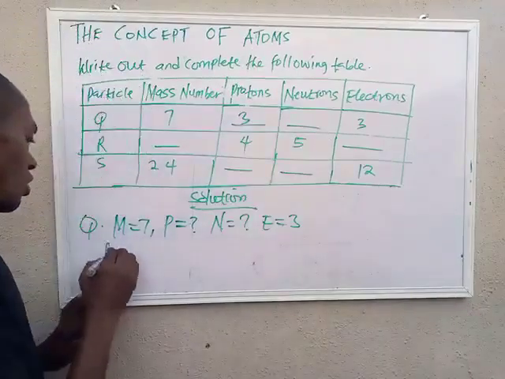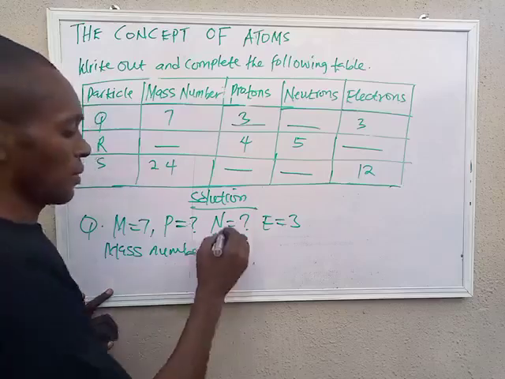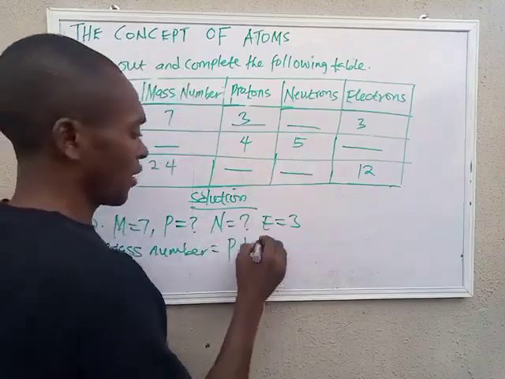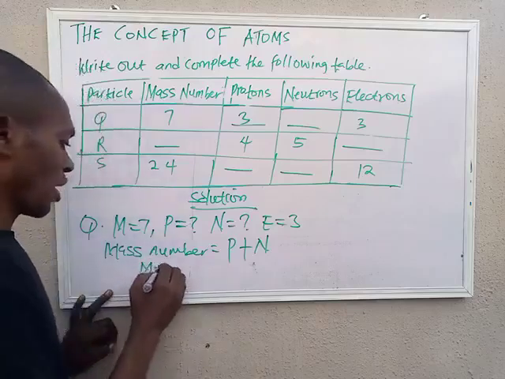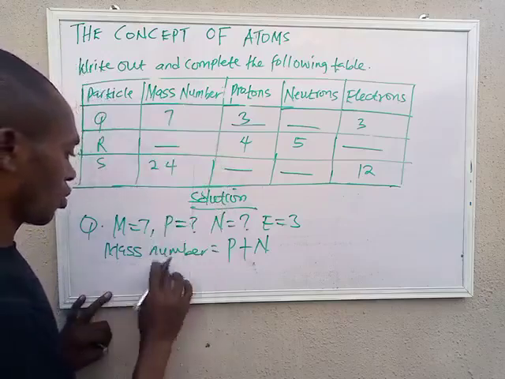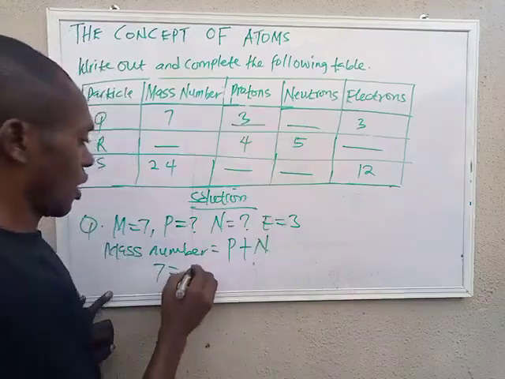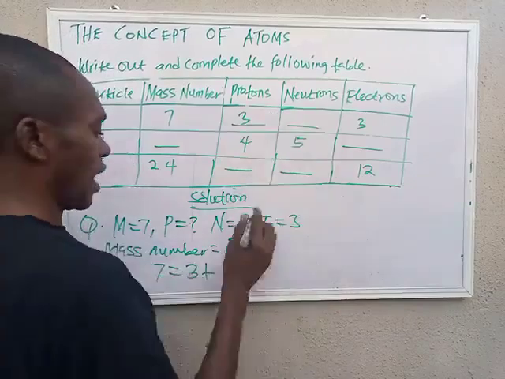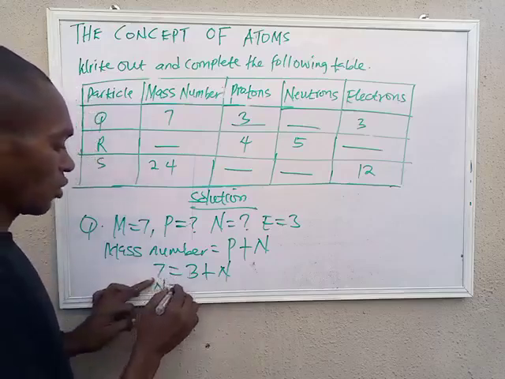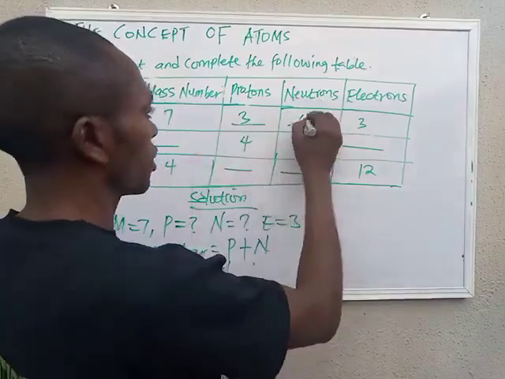Mass number is equal to number of protons, P, plus number of neutrons, N. So 7 equals 3 plus N. I make N the subject of the formula, so 7 minus 3 is 4. The number of neutrons here is 4.